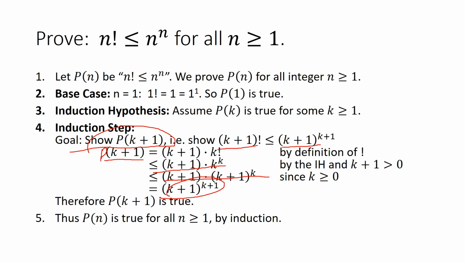So that means p of k plus 1 is true by the definition of factorial. Therefore, p of n is true for all n greater than or equal to 1 by induction.